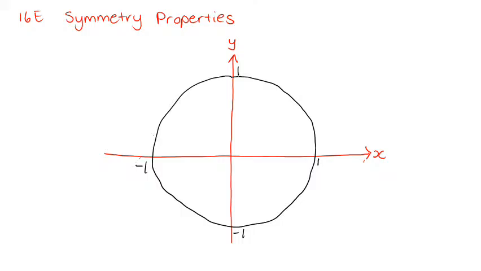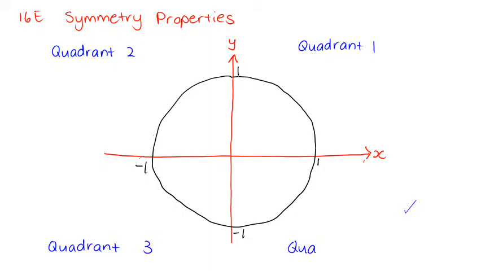Okay, I'm just going to label our quadrants. So this is quadrant 1, quadrant 2, quadrant 3, and quadrant 4.